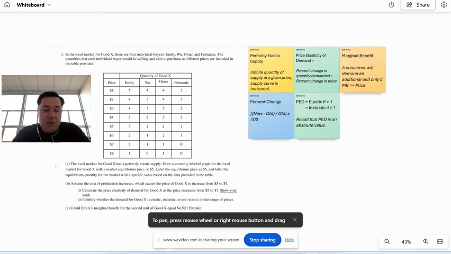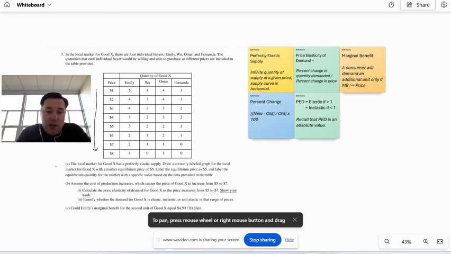All right, so first thing to note is that we have over here the demand schedule. We've got prices changing, and we have 4 different individuals. We've got Emily, Wu, Omar, and Fernanda, and they all have different quantities that they are demanding at different prices. And the good in question here is just labeled good X. So this is the basic definition of what a demand curve is, right?